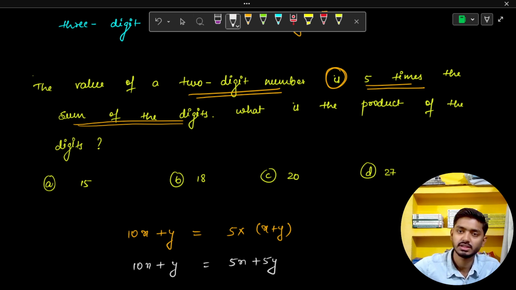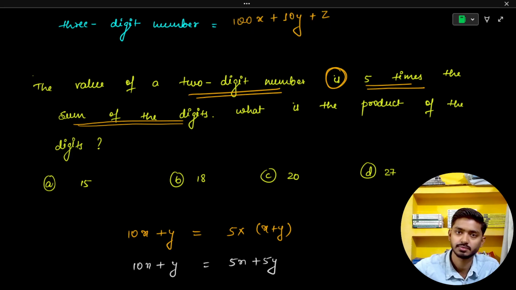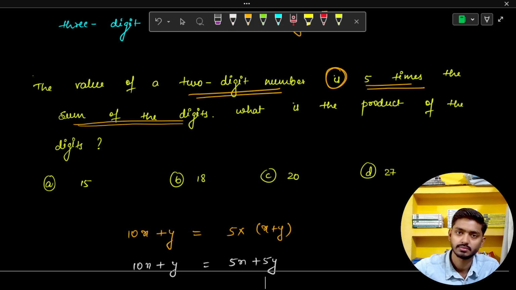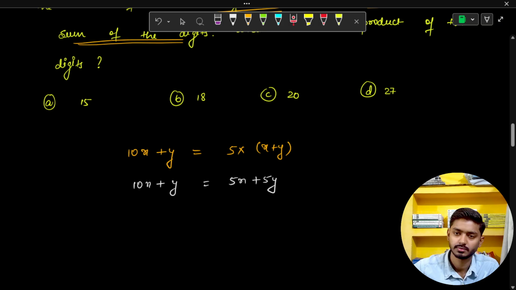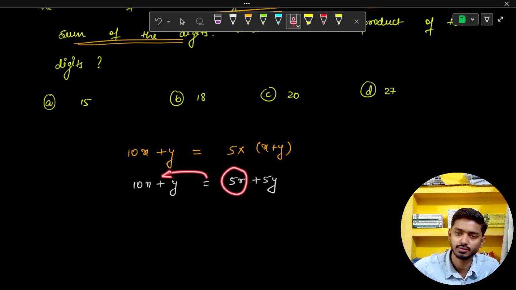If we move 5x to the other side, that would become 10x minus 5x, which is 5x, and this would become 4y.